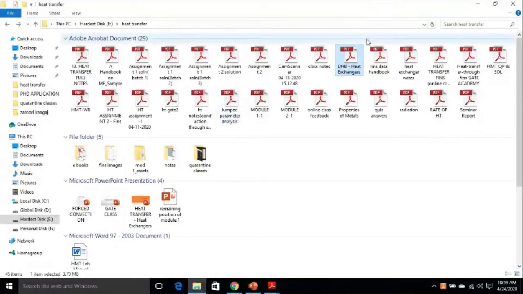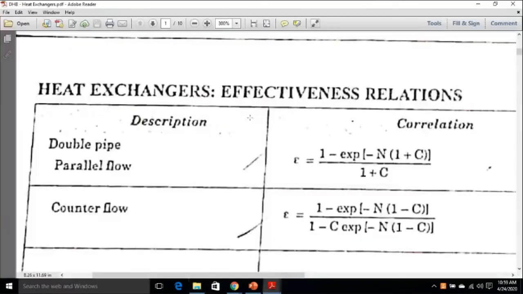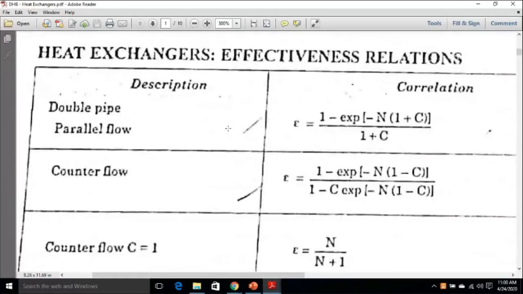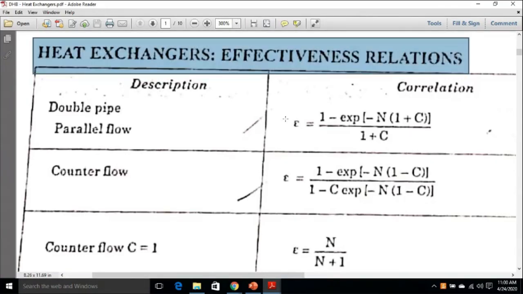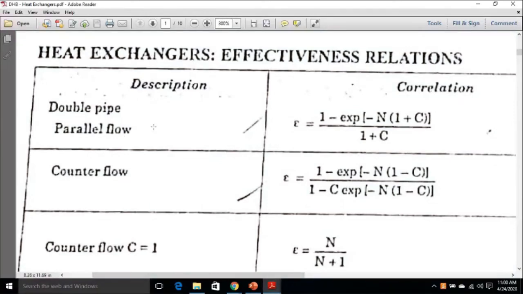To see the relations of effectiveness, we will just move to the next page. If you will go to the next page of data handbook in heat exchangers, here we have some relations for effectiveness. These are the effectiveness relations. The first one is effectiveness relation for a parallel flow heat exchanger.